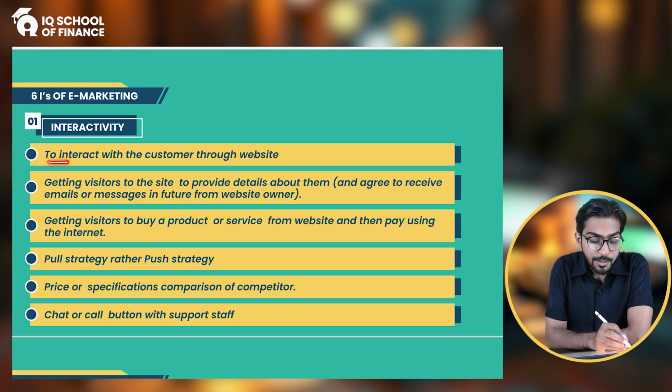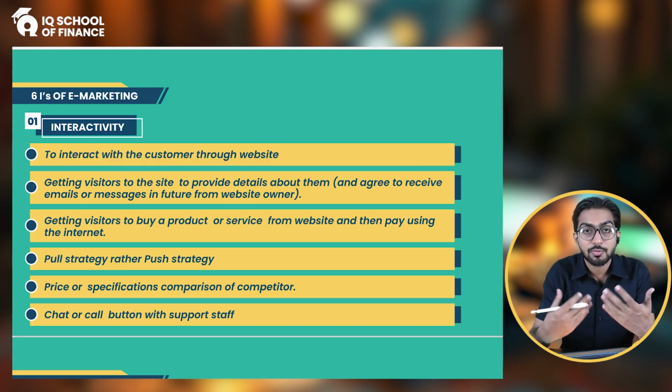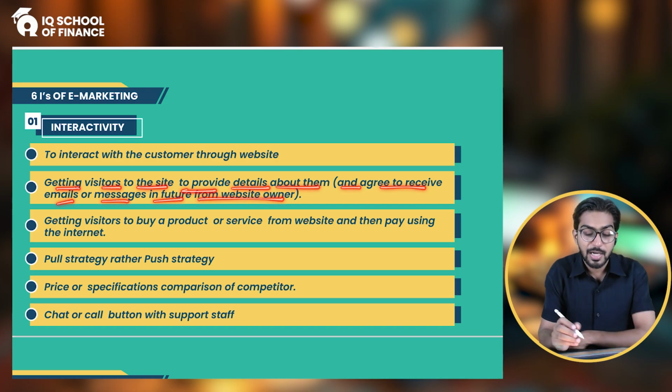So, to interact with the customer in e-marketing, you interact through your website, getting the visitor to the site to provide details about themselves and to agree to receive emails or messages in future from the website owners.